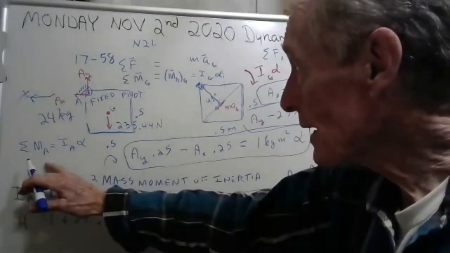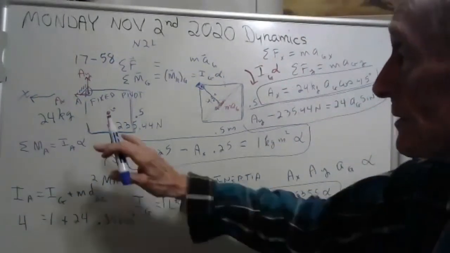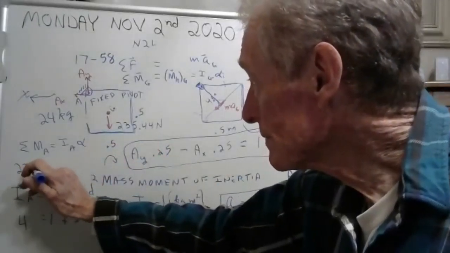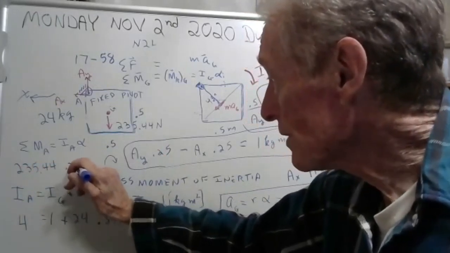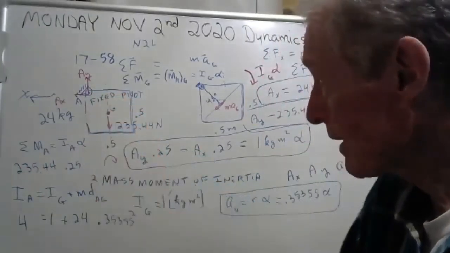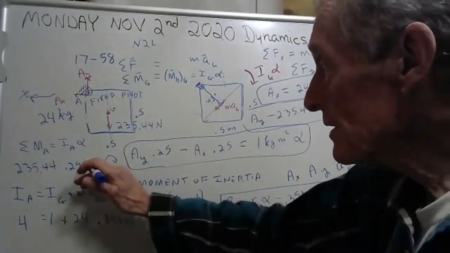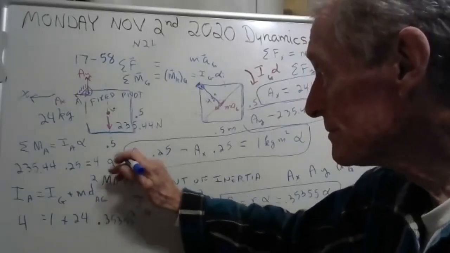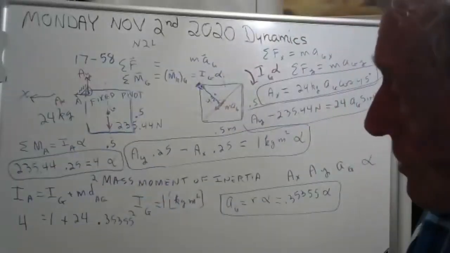So the moments about A is equal to the 235.44 times your 0.25 meters, because that's how far over you got to go to the line of action. And that's equal to 4 alpha. Isn't that nice? Look at that equation there. Isn't that pretty?